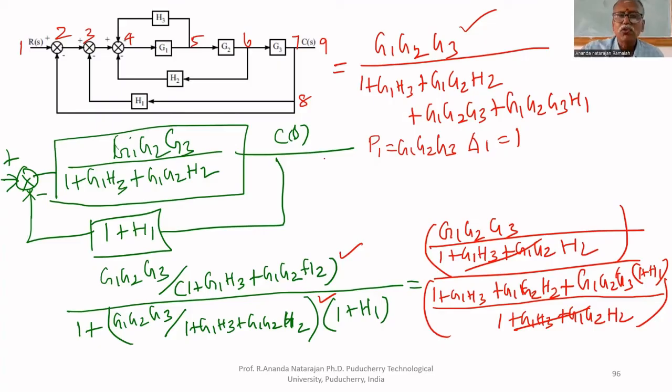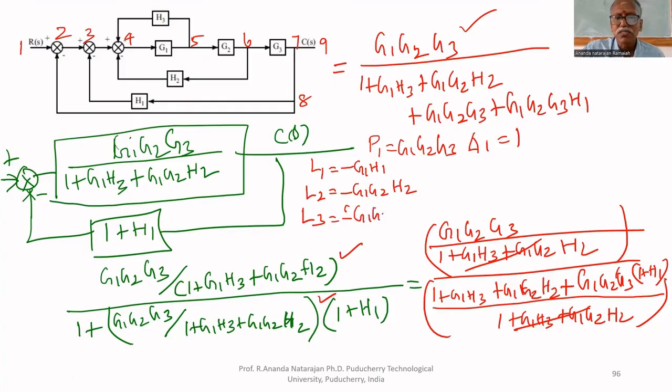Now, what loops are there? L1. L1 equal to what? This is G1, this is minus. Therefore, minus G1, H1. L2, this is the second loop, G1, G2, H2. Minus G1, G2, H2. L3. Again, this is G1, G2, G3, H1.